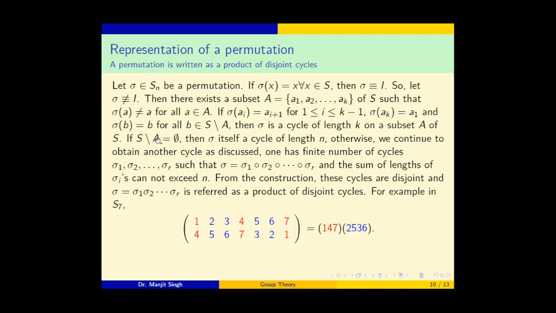S minus A is non-empty now because 2, 3, 5, 6 are in S, and there will be another cycle corresponding to these elements. So from this we can say that every element of Sn can be represented as a product of disjoint cycles. Here is another example, and as they are disjoint, we can write them in any order.